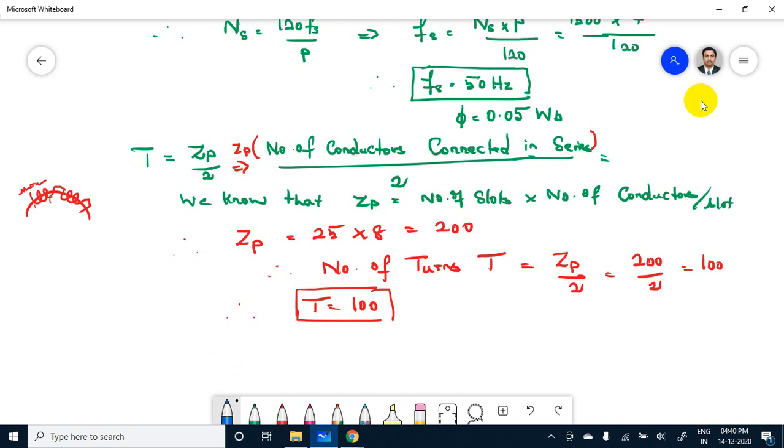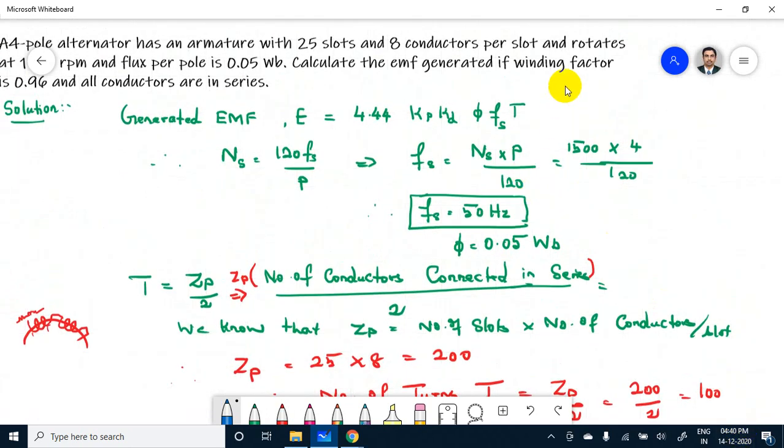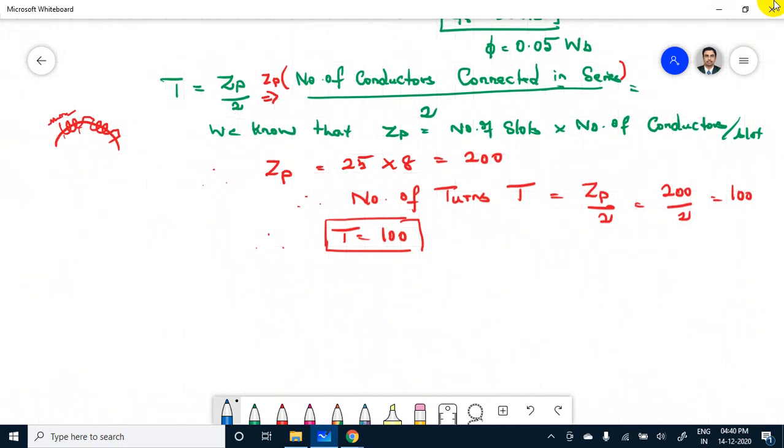Okay, then substitute all the parameters. And one more thing, as per your question, the winding factor is 0.96. What is meant by a winding factor? Winding factor is nothing but the product of concentration factor and distribution factor. The notation is Kw. Kw is equal to Kc into Kd.